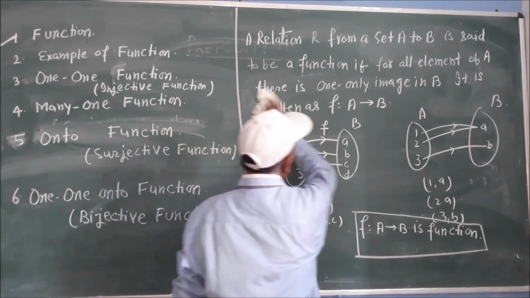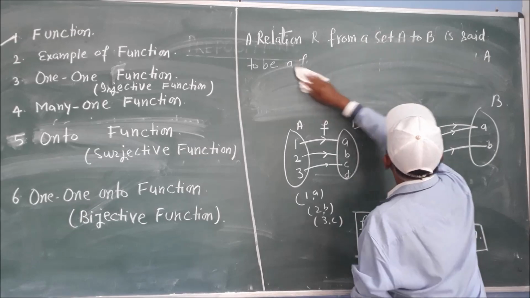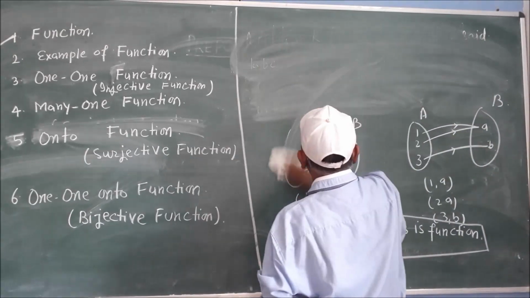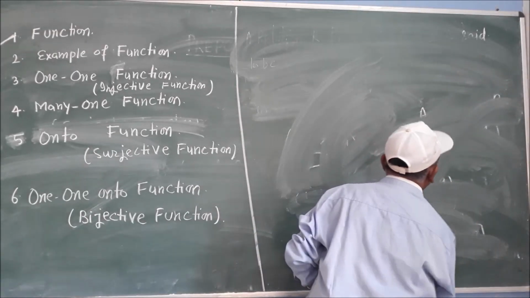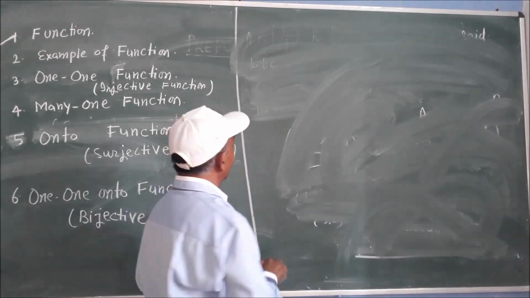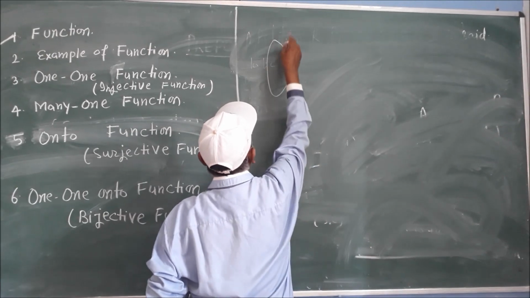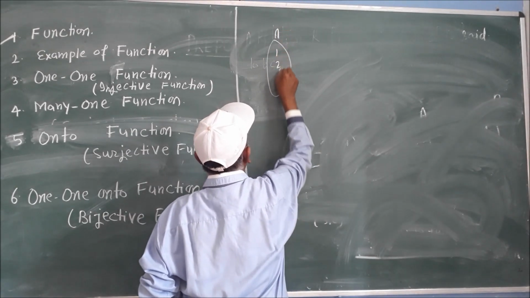Again see another example. Here is a set A and its elements are again 1, 2, 3.